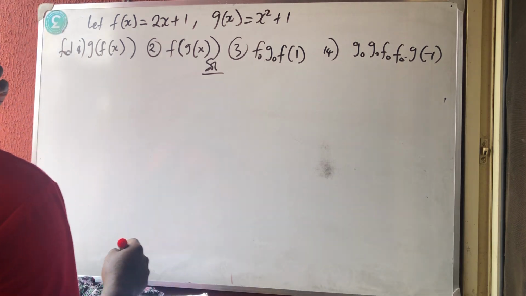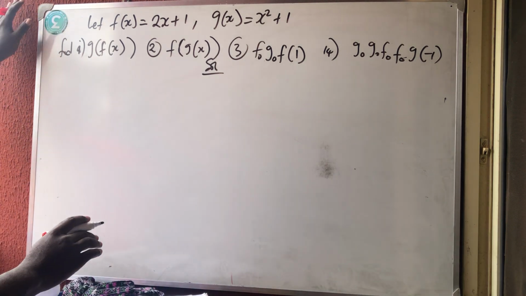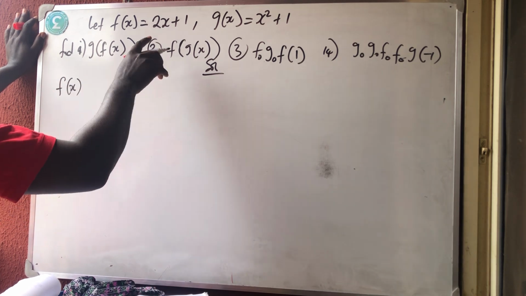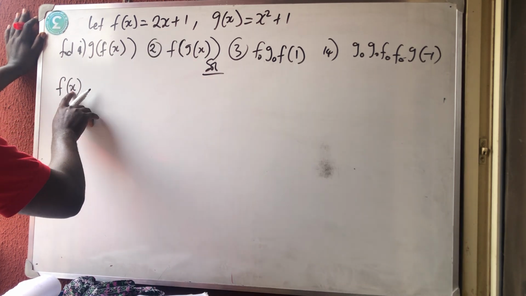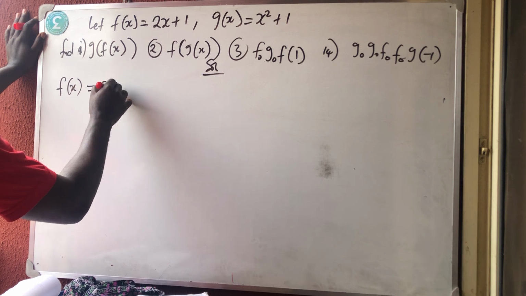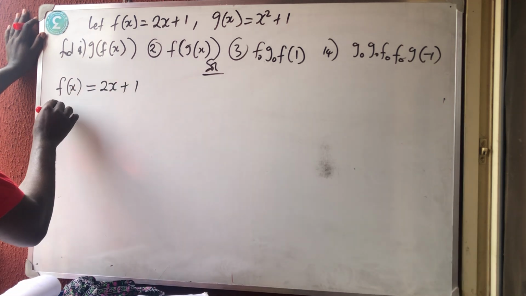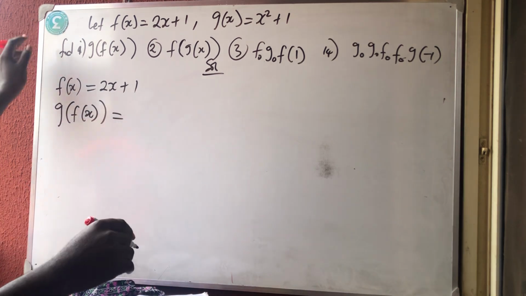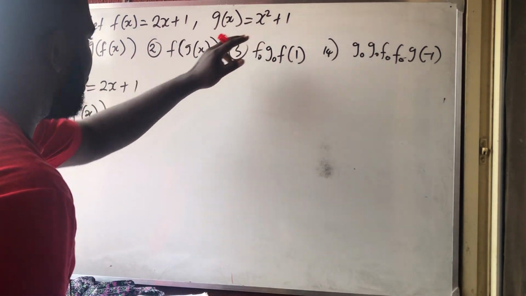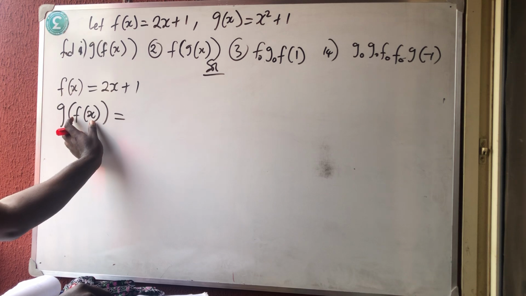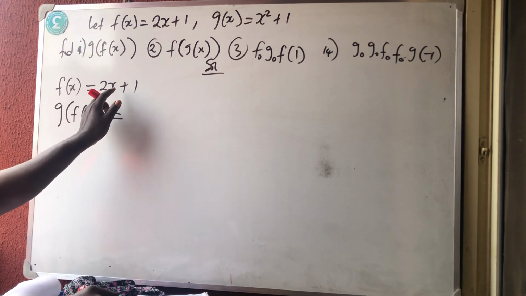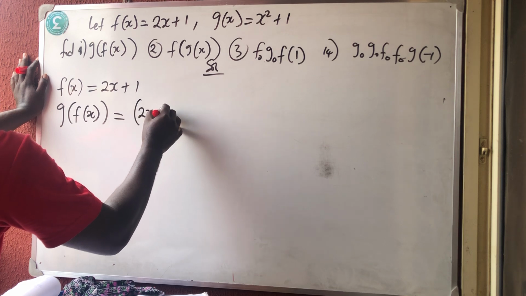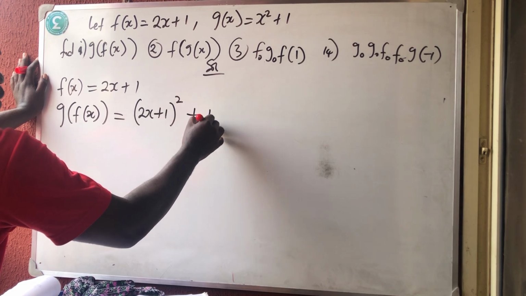This is very simple. The first thing is f of x. In f of x, anywhere you see x, put the same thing here, so I'm getting the same result, 2x plus 1. Now g of f of x means anywhere you see x in g, put this f of x. So this is x, so I'm going to say (2x plus 1) all squared, then plus 1.